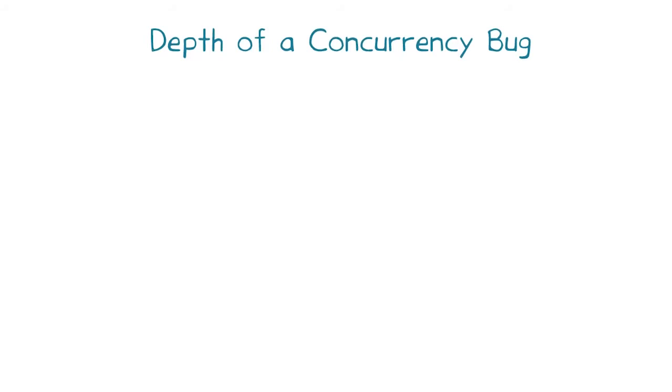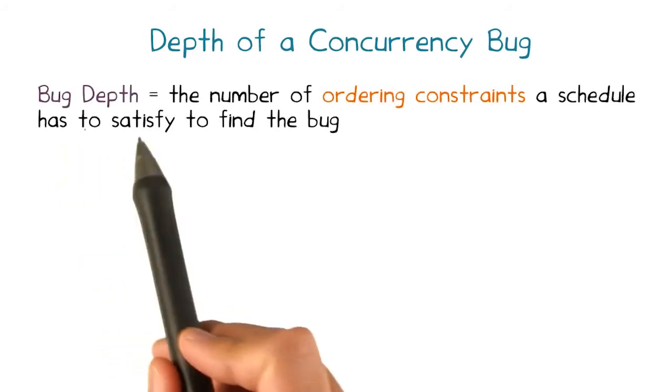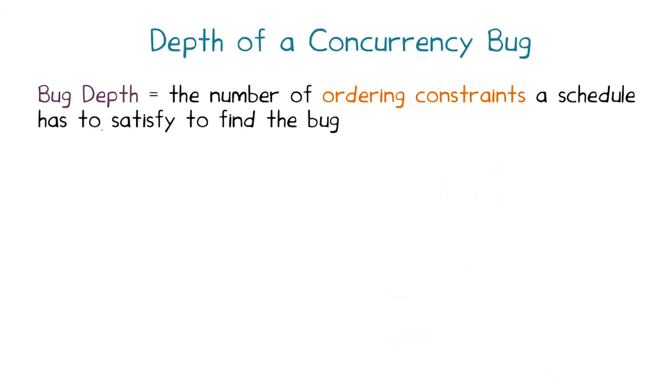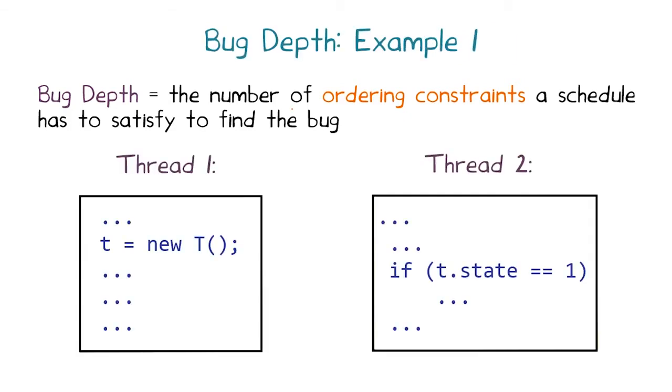First, let's introduce some terminology. The depth of a concurrency bug is the number of ordering constraints that a thread schedule has to satisfy in order for the bug to be triggered. An ordering constraint is a requirement on the ordering between two statements in different threads. For example, let's look at the following concurrent program.